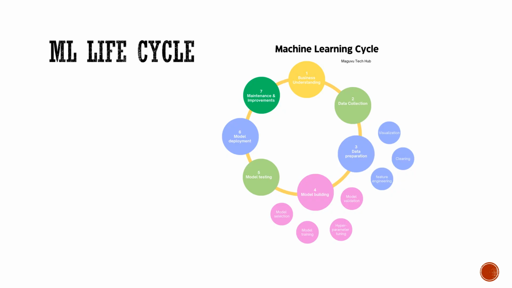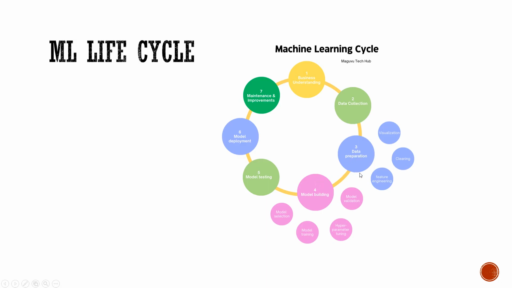Stage number 4 is model building. Depending on the particular problem that needs to be solved in stage number 1, you select a particular model or algorithms that could be used to solve your problem.